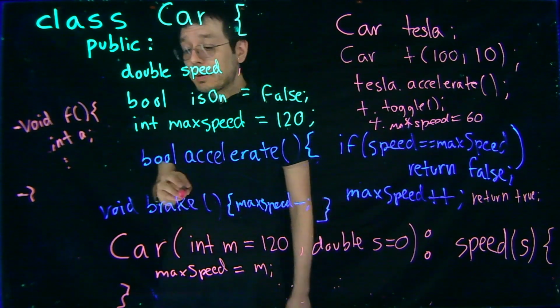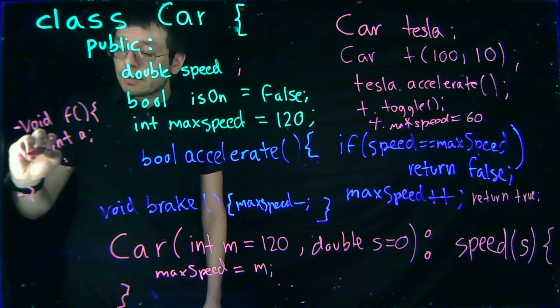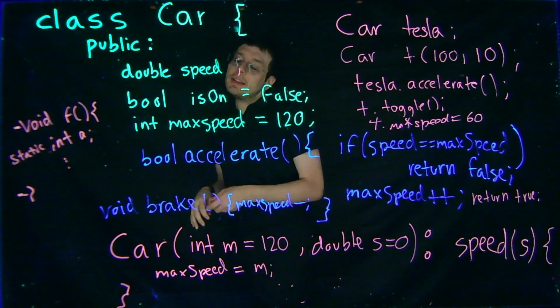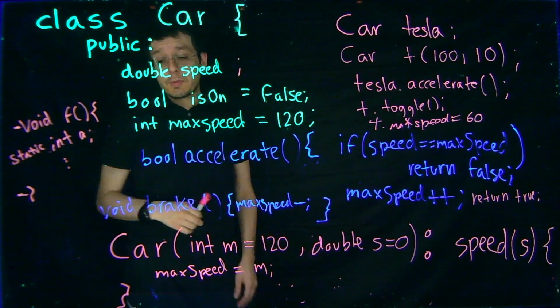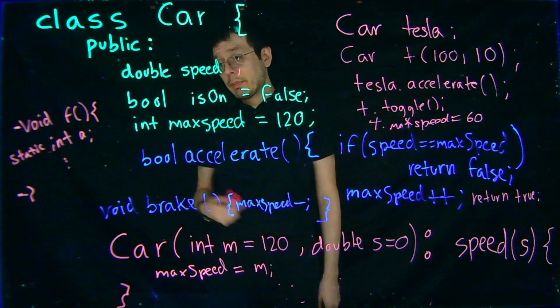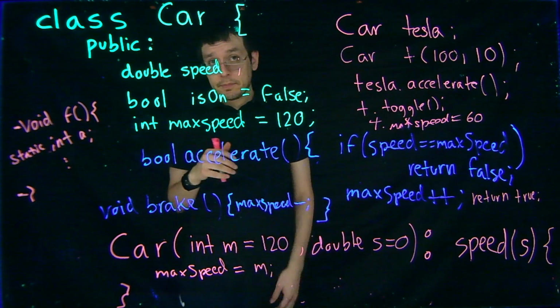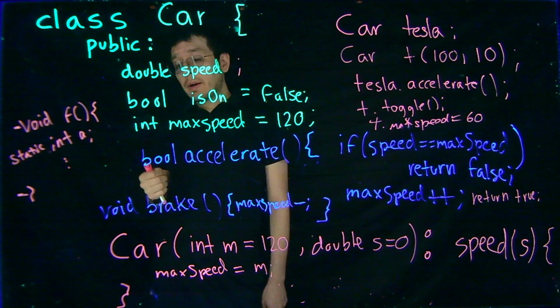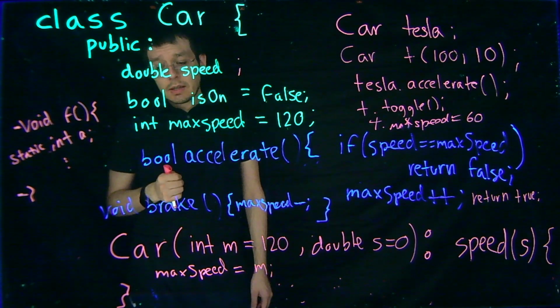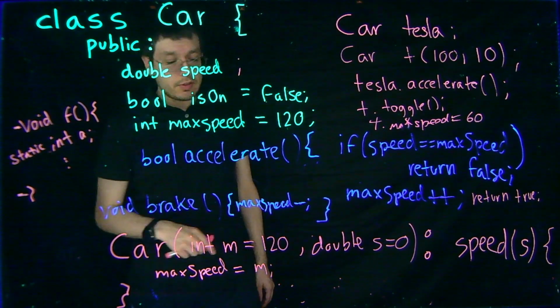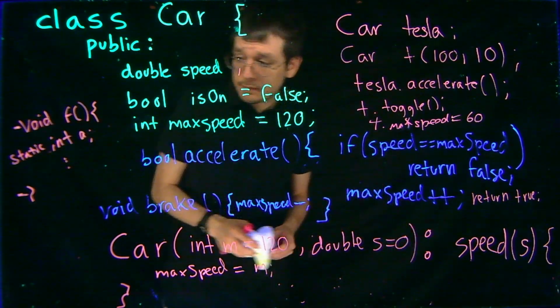If you add the word static to this, then the rules of the game have changed. In that case, that variable does persist between function calls. And it can be very convenient for things like keeping track of how many times a function has been called, like a counter. There are also static variables for classes. We'll talk about this on a different day, and maybe that'll be a good refresher in case you're not familiar with static variables and functions.